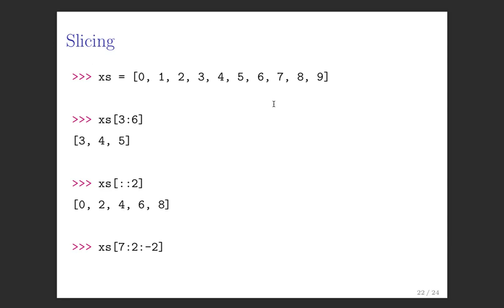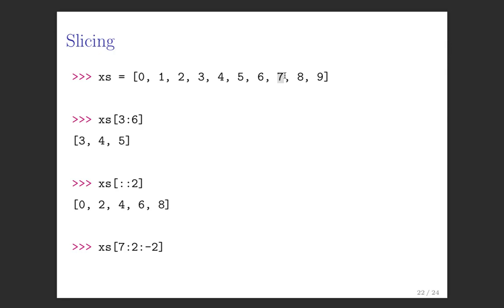So let's think about this, it's a perfect midterm question. Let's figure out what this is saying. It's saying, I want you to cut the list x's from the 7th position to the 2nd position, stepping backwards by 2. Right? So if we start at the 7th position, that's 0, 1, 2, 3, 4, 5, 6, 7.